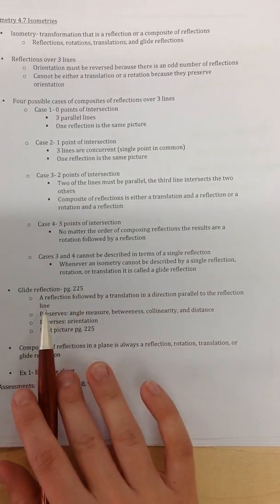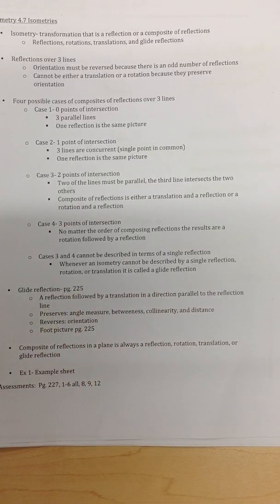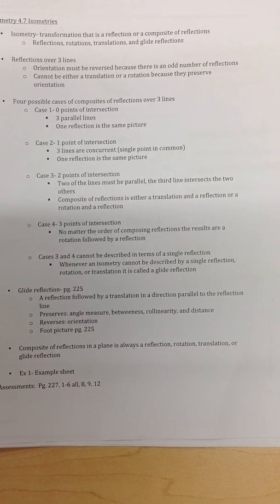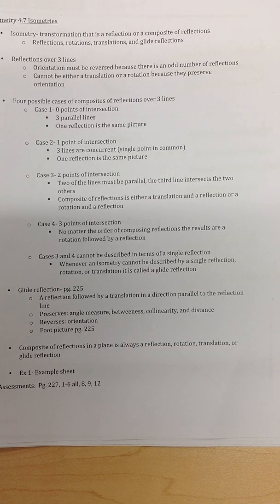And that's actually our next definition here on page 225. So if you look on page 225, you can see that definition. So it says, let the reflection over M be the reflection, and T is the translation with non-zero magnitude and direction parallel to M. Then G is equal to T, followed by the reflection over M, is a glide reflection.